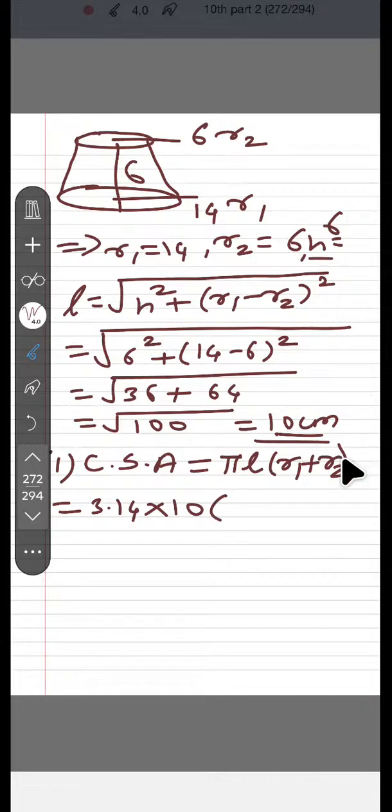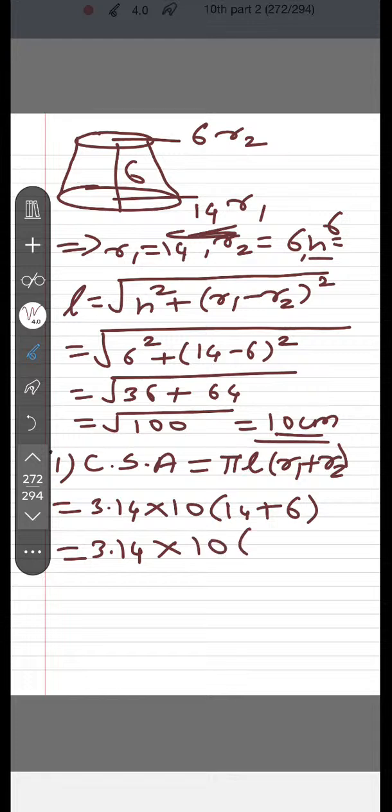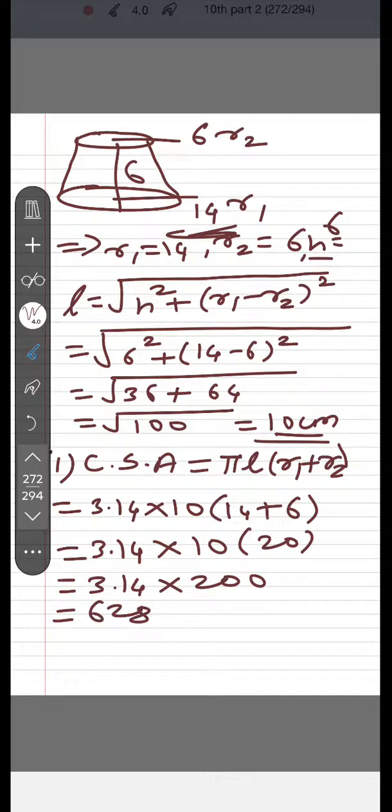Now r1 is 14 plus r2 is 6, which is 20. So it is equal to 3.14 into 10 into 20, which is equal to 3.14 into 200. Multiplying, 3.14 into 200 is 628. So the curved surface area of the frustum is equal to 628 centimeter square.